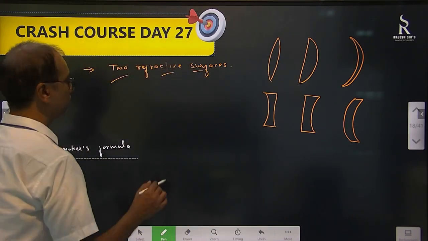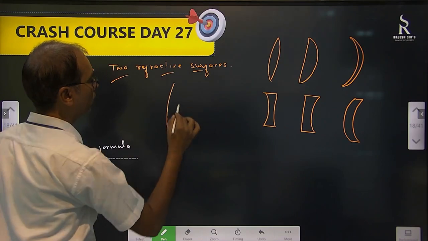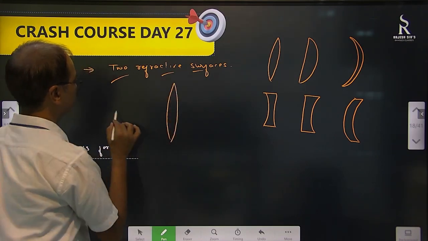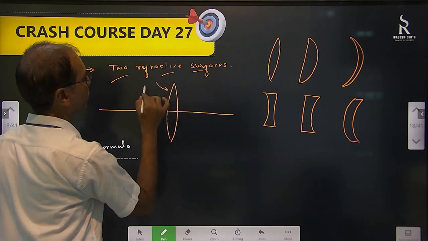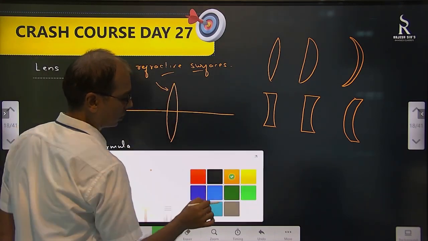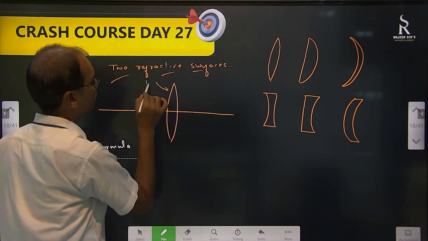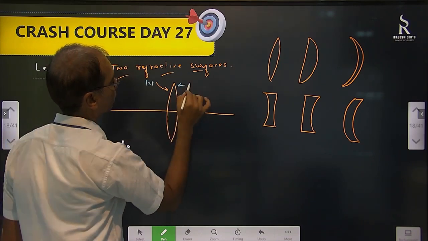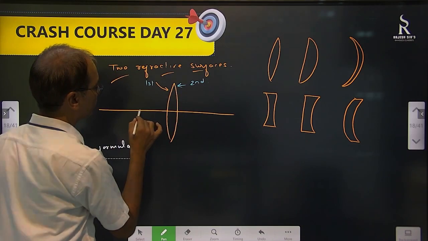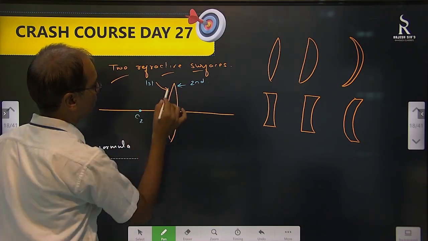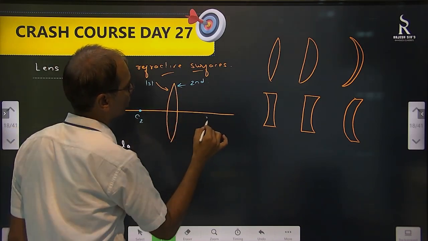If we look at them, we look at biconvex. Now this is the first surface. This is first and this is second. The second one's center of curvature is here and the first one's center of curvature is here.